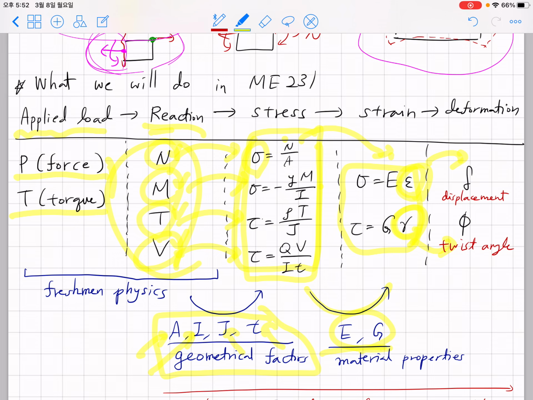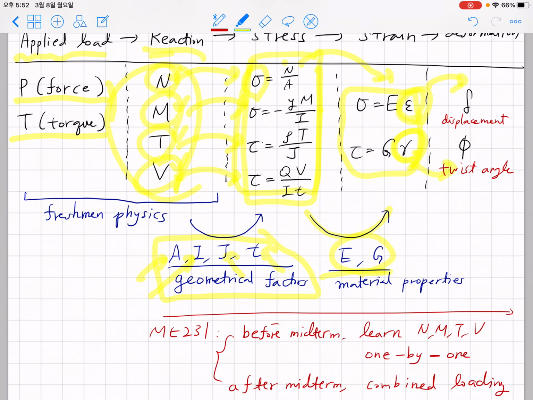So when you are preparing for the midterm exam for ME231, please come back to this table and see if you can have a unified view of it, and if you can explain these concepts to your friends. It will give you a really nice summary of what you're gonna do in ME231.